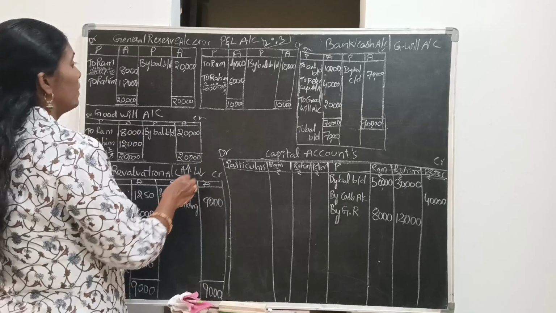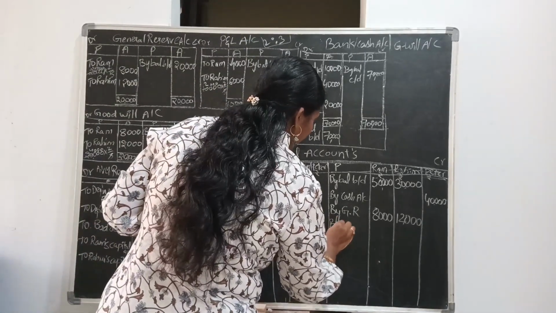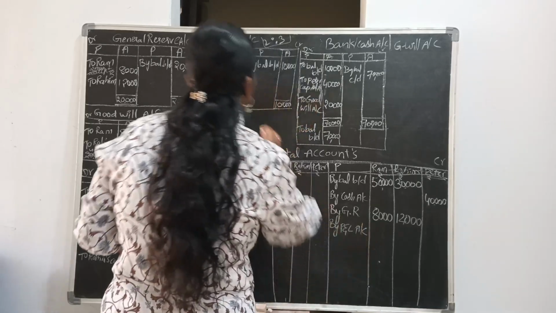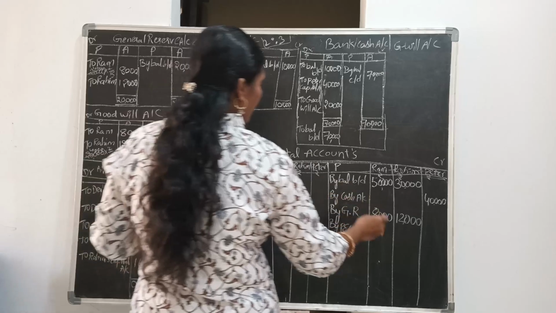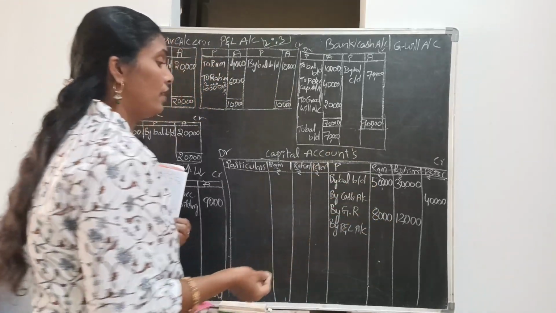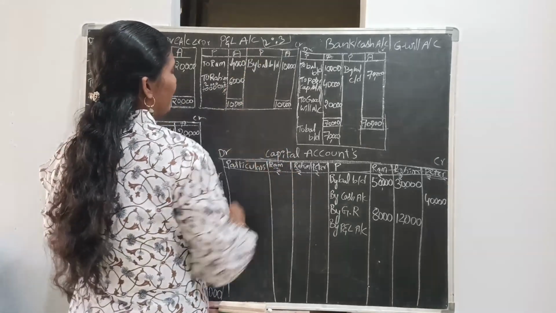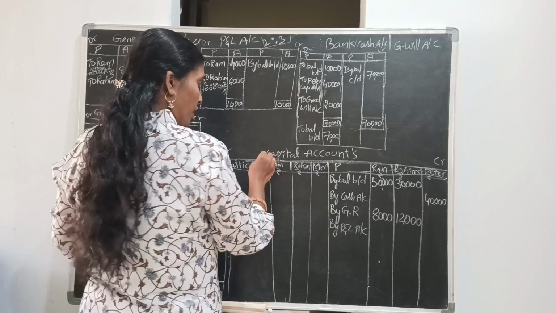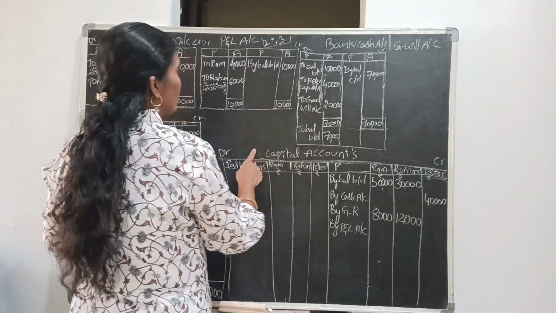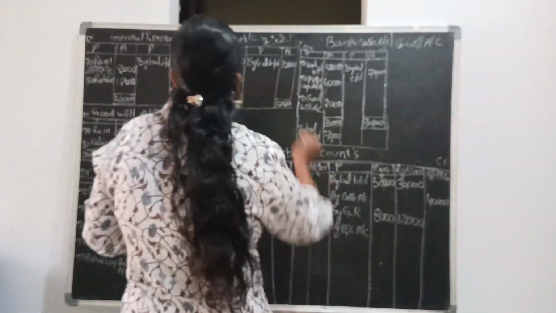So now coming to the profit and loss, by profit and loss account. This is on the left side, so we are posting it on the right side. This is a simple trick, otherwise remember the journal entry: profit and loss account debit to Ram's capital and Rahim's capital. So we are crediting the capital, so write down by profit and loss account.